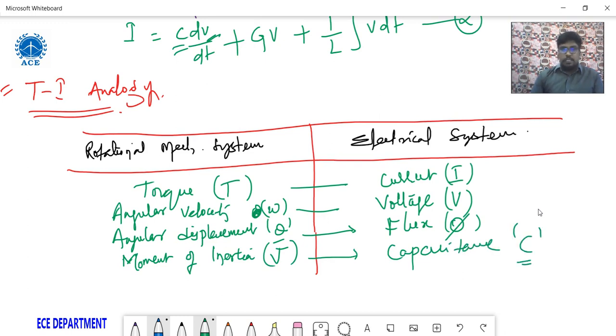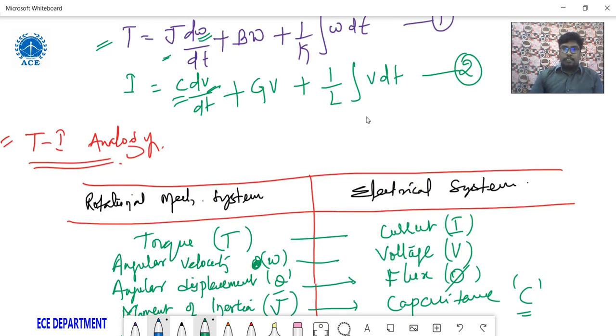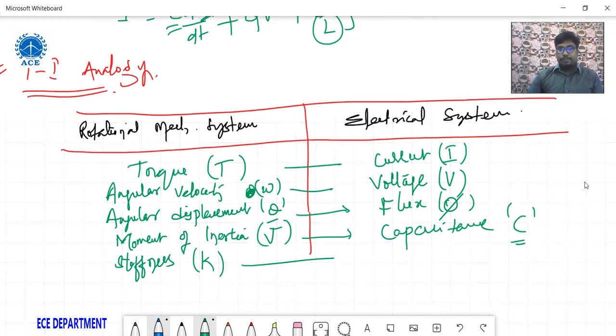Capacitance in electrical systems. Next term is stiffness, that is K. So what is the K value here? K is inductance L in electrical systems.